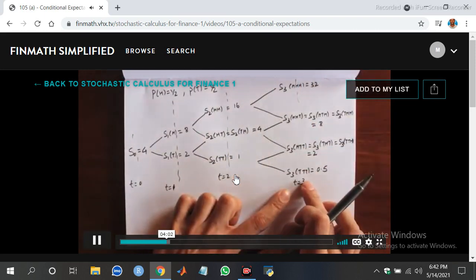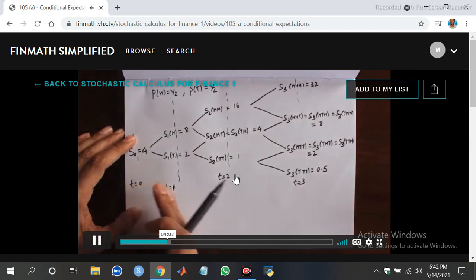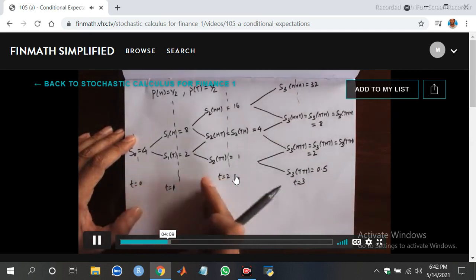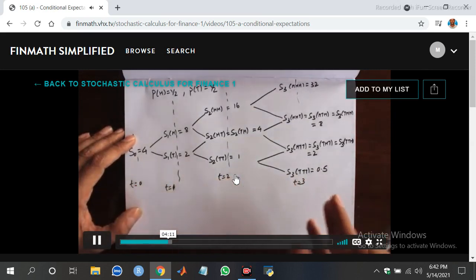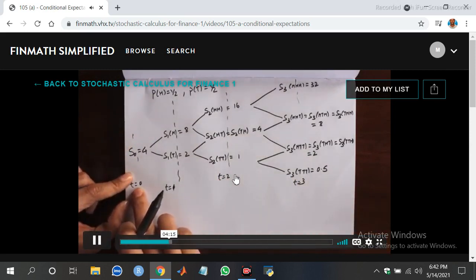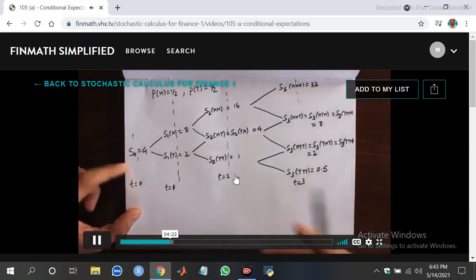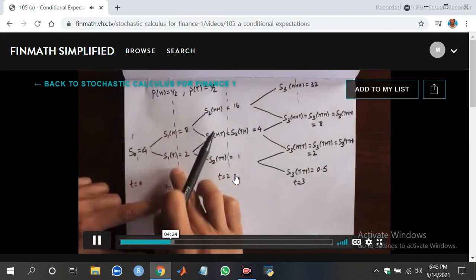We know any one of these possible outcomes, right? So as we move forward in time, we get more and more information about the coin toss, right? So when we are standing at time 0, we haven't yet tossed any coin, and we really don't know how the coin tosses would behave, right? At time 1, we know the first coin toss outcome.